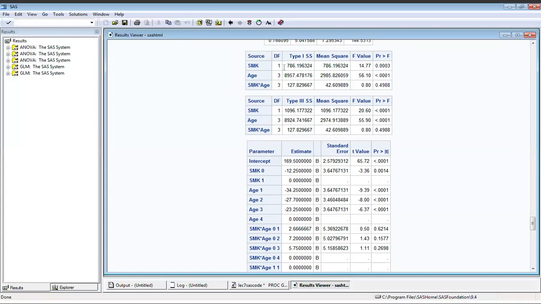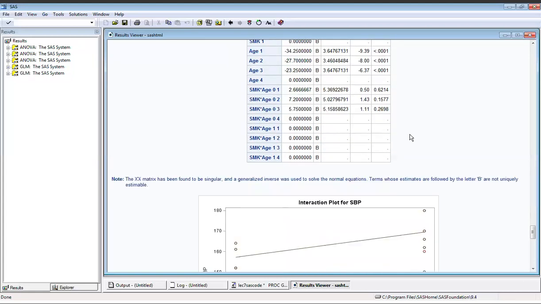And then this is the type 1 sum of squares, and this is the type 3 sum of squares, and these are the corresponding F values and p-values for the tests. So here, I think the take-home message is we fail to reject the null hypothesis. There's no significant interaction. So we can remove these interaction terms from the final model.